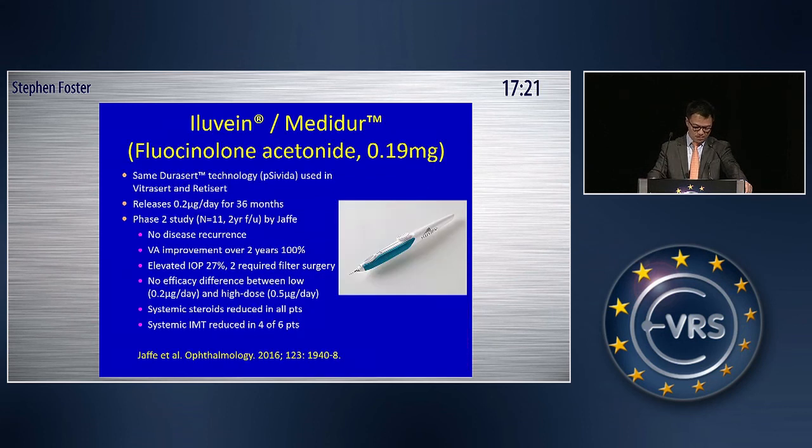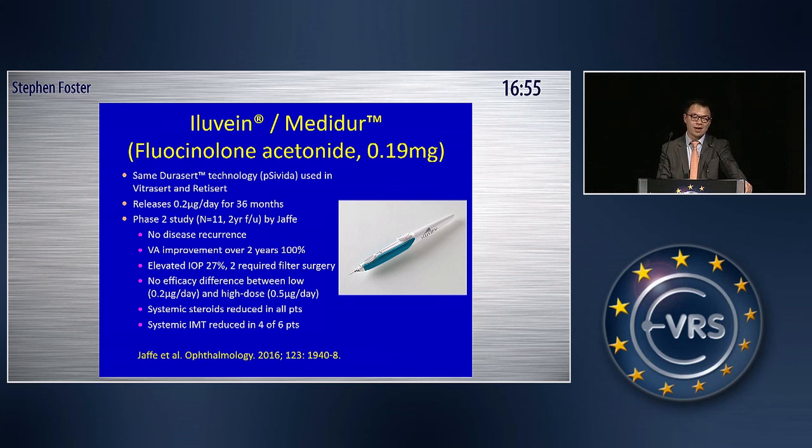And finally, this is the last part of my talk, just Iluvien, and we know it's approved for diabetic macular edema, and I think it will be approved for uveitis very soon. I'm not sure, but I think in Europe they filed the marketing approval back in June, and in the United States they're going to file for posterior uveitis use later this year. We are involved in the phase 3 trial at Mercy, and we have very good outcomes for people who got Iluvien.